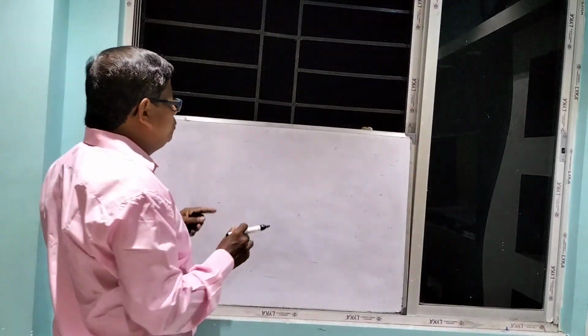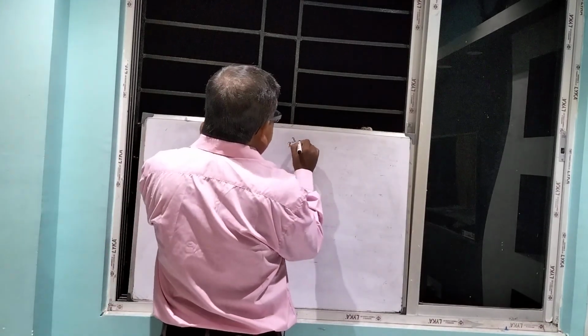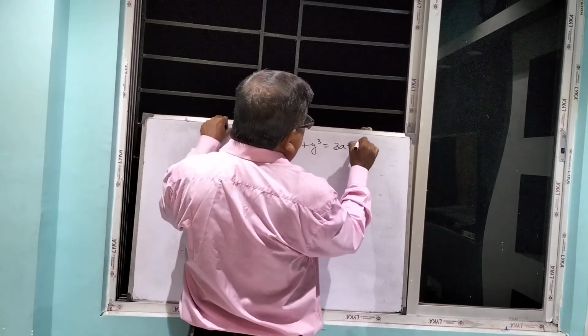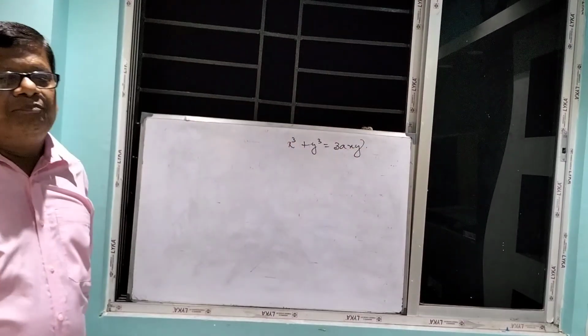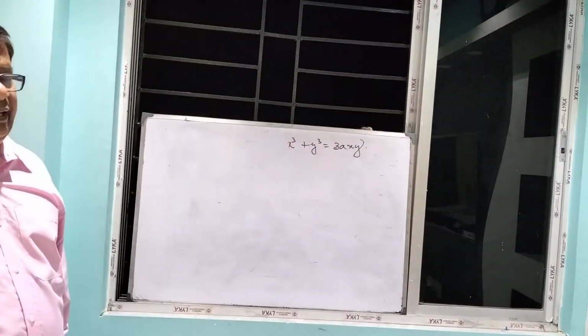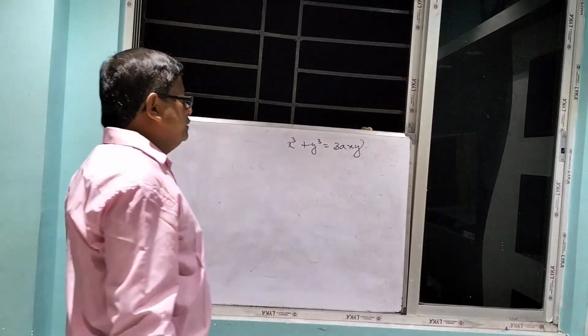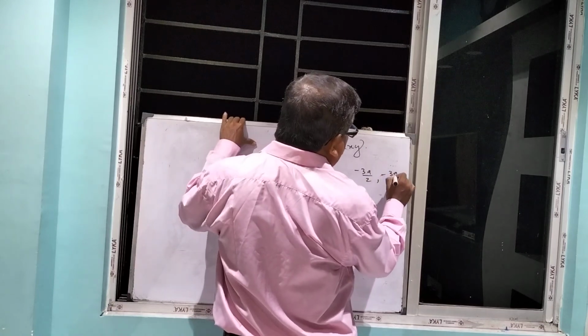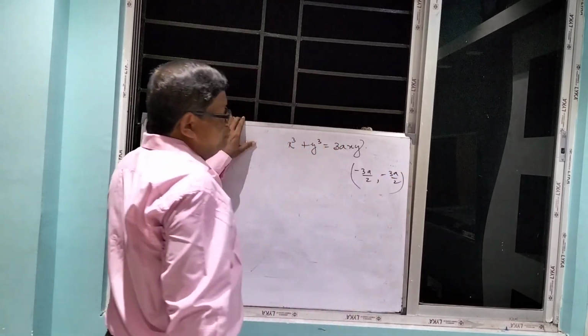Suppose x cube plus y cube equal to 3 a x y. This is given. Find the slope at the point (3a/2, 3a/2). Find the gradient.